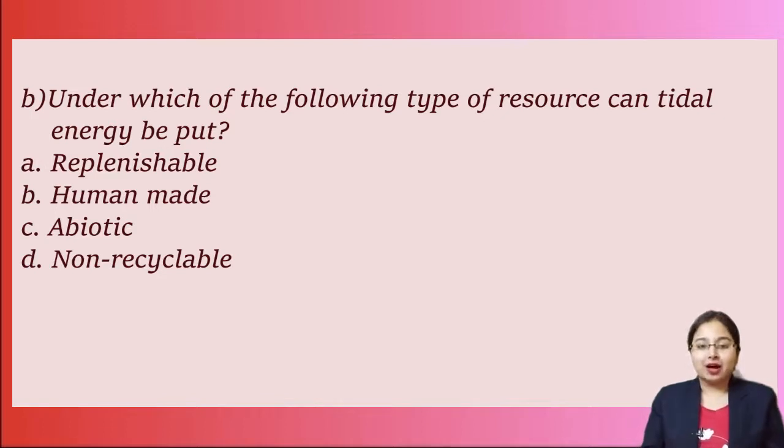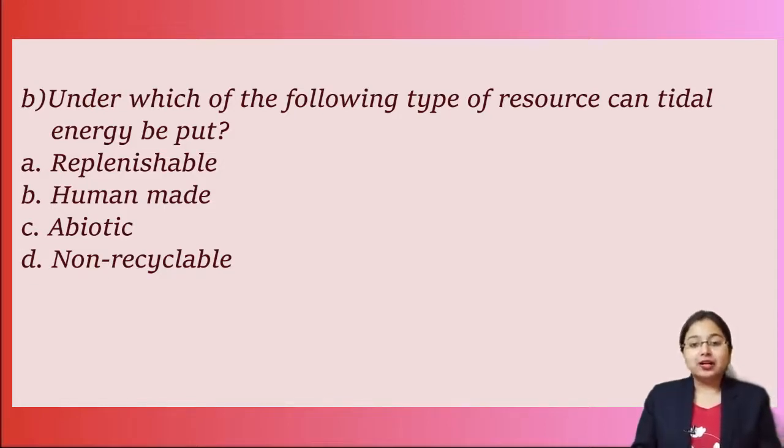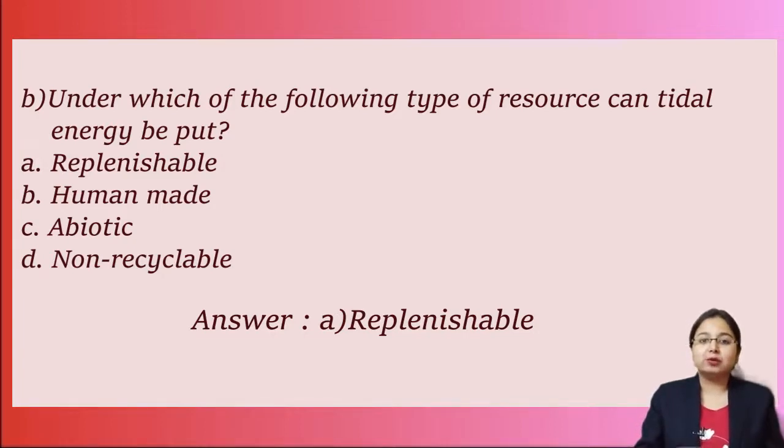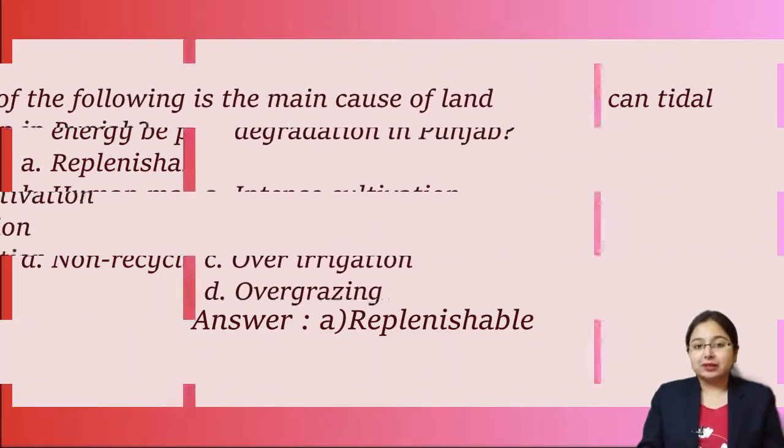So the options are A. replenishable, option B human made, option C biotic, and option D non-recyclable. So children, tidal energy is a replenishable resource. Replenishable means that it is able to renew itself, it can be generated on its own. That refers to replenishable.